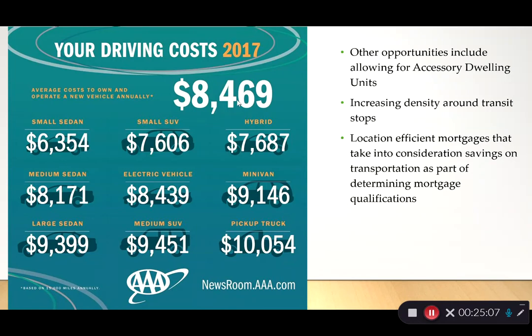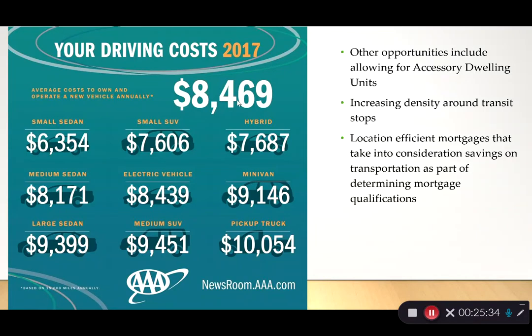And finally, this idea of location efficient mortgages. This is a fairly new idea that takes into consideration the cost of transportation as part of determining mortgage qualifications. So, again, going back to that $700 a month number, if you were to add that to your potential mortgage payment, you could qualify for a lot more house than you could otherwise.